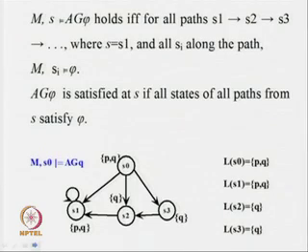Now, the next formula that we are going to look into in our logic is AG phi. G is the global operator, and AG phi says that in all paths globally phi holds.